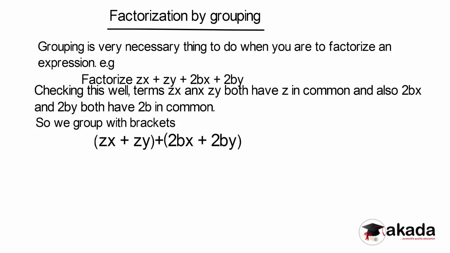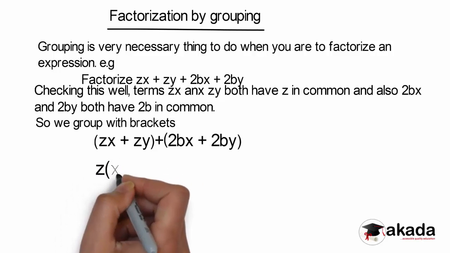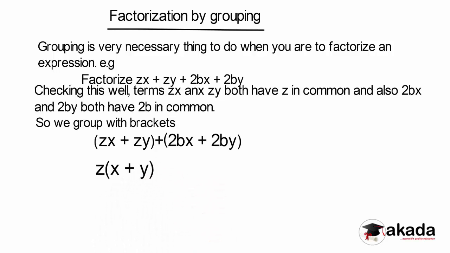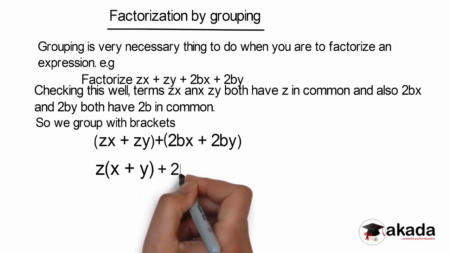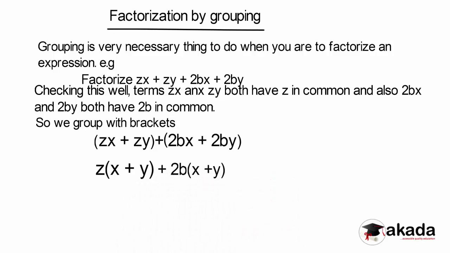Checking the first group now, we have z to be common to zx and zy. So we bring out z, so I'm left with (x + y) in the brackets. And checking the second group, 2bx and 2by, I said we have 2b to be common, so we bring out 2b, and we are left with (x + y) in the bracket also.